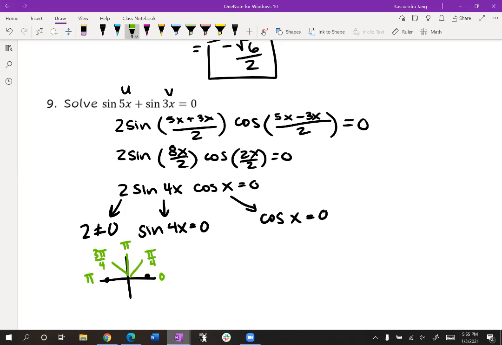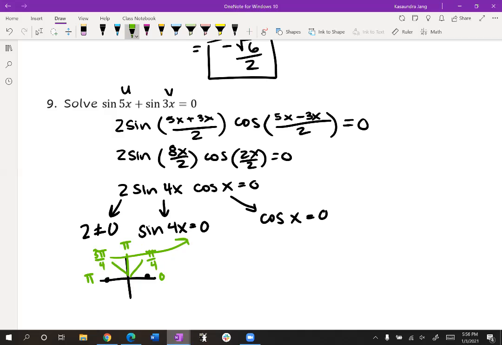So let's check this out. Does this work on all those points? If I put in a 0, sine of 0 is 0, that's true. If I put in the pi fourths, 4 times pi fourths is pi, and sine of pi is still 0. Good. So pi fourths works. Pi. Sine of 4 pi. Here's my 1 pi, 2 pi is a full circle, 3 pi, 4 pi would land me right here again, and sine, the y value there, is still 0, so that works.